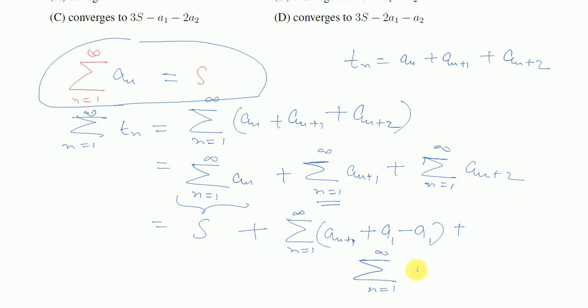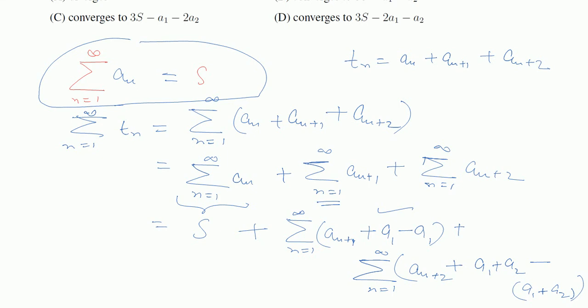For that, in a similar way to what I have done here, I will write a1 plus a2 minus a1 plus a2. I hope you all understand why I have written this one.